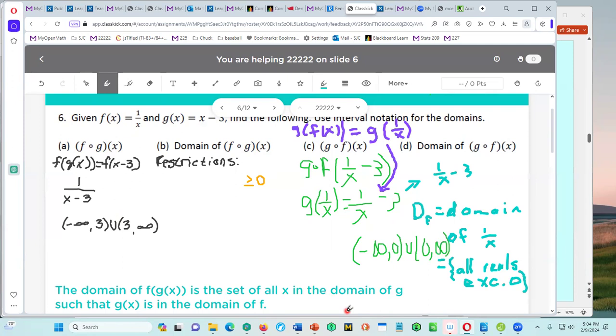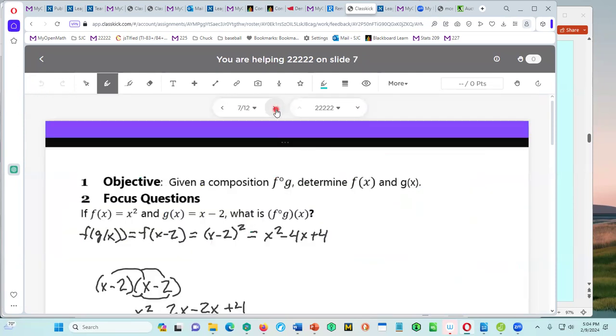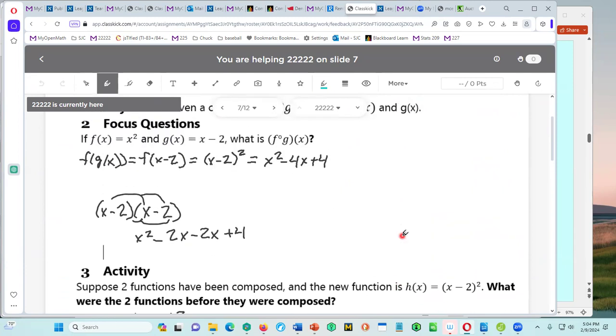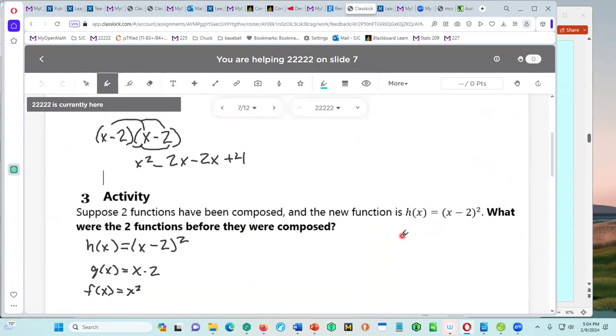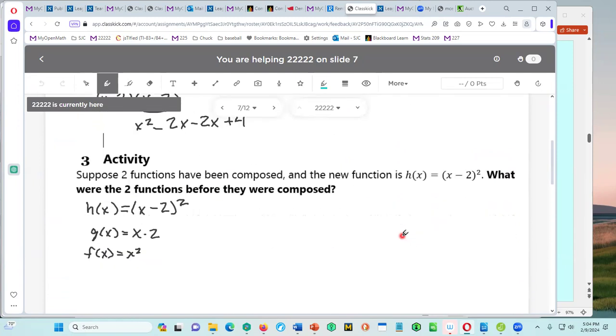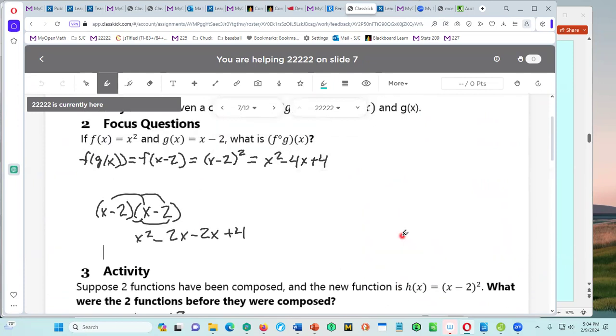The -3 doesn't affect the set of inputs that are allowed. Is that an x squared? Oh, it's a minus. I got you.